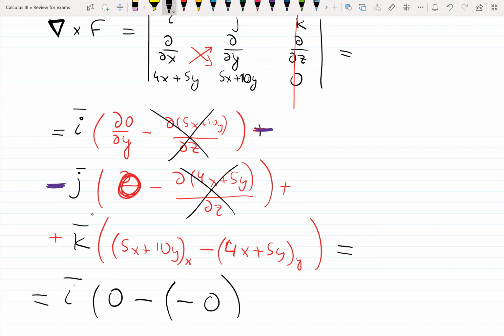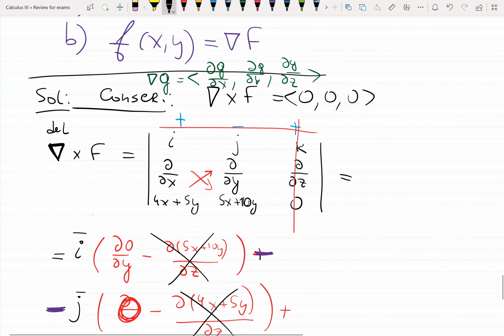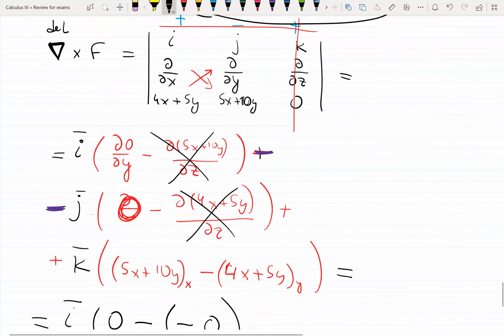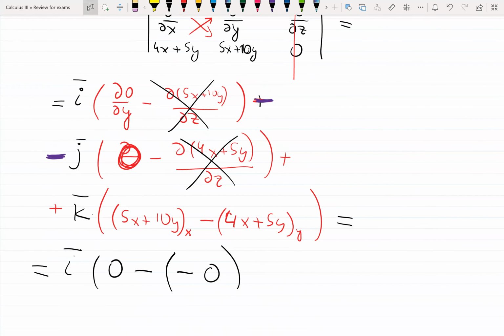Actually, it's not dumb, I'm sorry about that. It should be 0, we're actually expecting that. That's what I said: if we want to have a conservative field, then it had better be 0. And then the derivative with respect to x here is 5, with respect to y here is 5. 5 minus 5 is also 0. i, j, k.